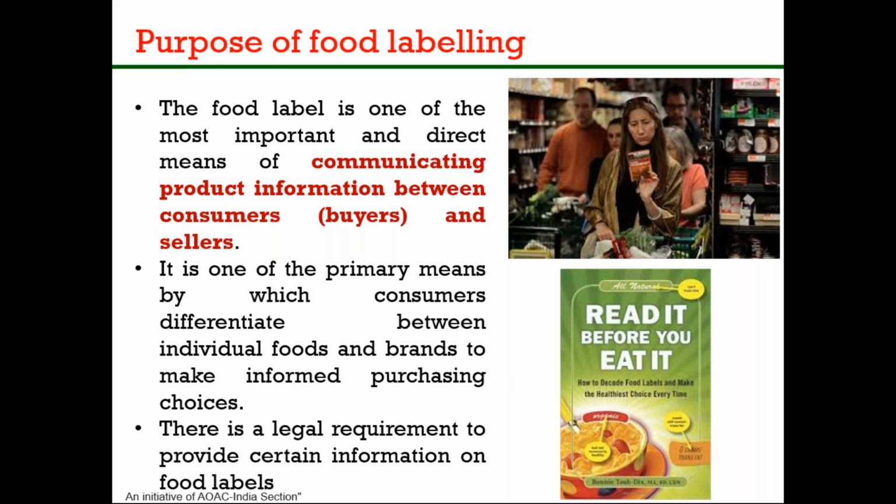It is also the primary means by which a consumer can differentiate between individual foods and brands and buy the brand of choice before purchasing. However, although the labeling helps the consumer to choose, it is a legal requirement to provide certain information on the food labels and in a certain way.